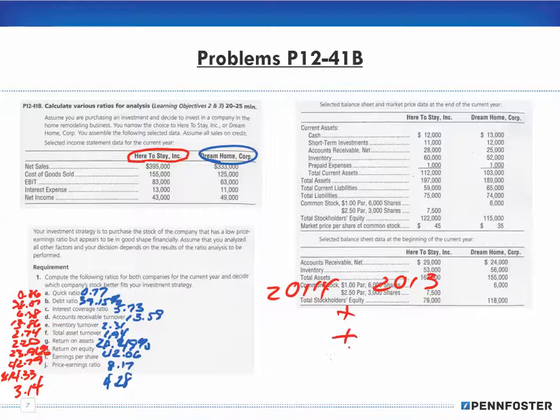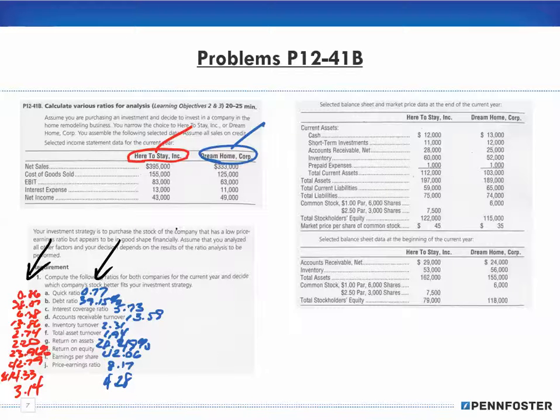So if those ratios improved or those ratios deteriorated, you were able to say, okay, this company is on the improve or this company is deteriorating, but that's not what you're doing right here. What you're doing here is you're taking Here to Stay, and you're comparing it against Dream Home, right? So you're taking these ratios and you're comparing them against these ratios.